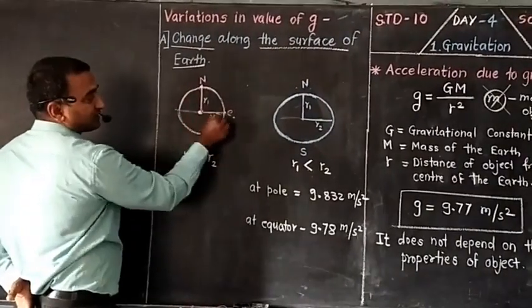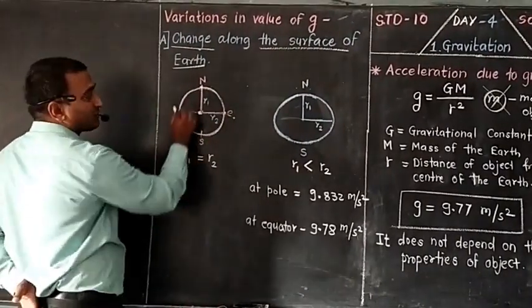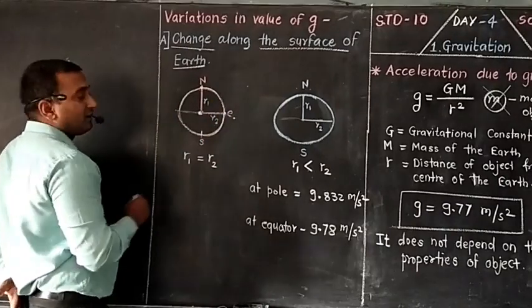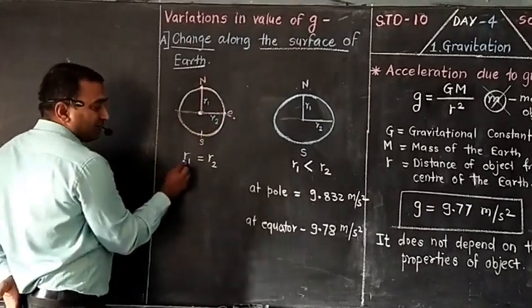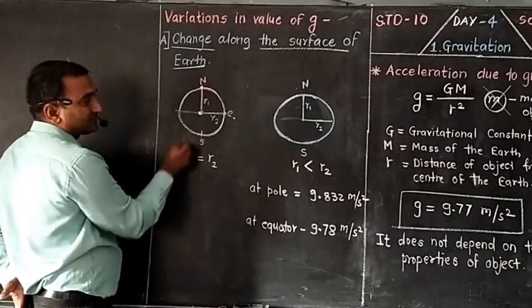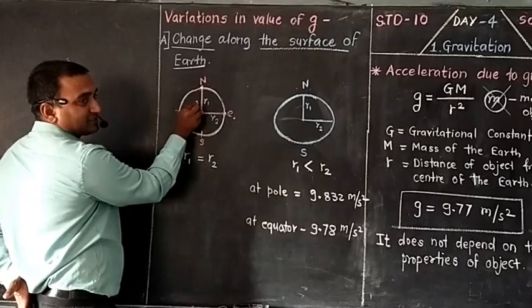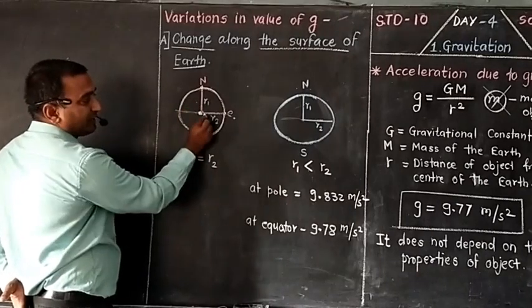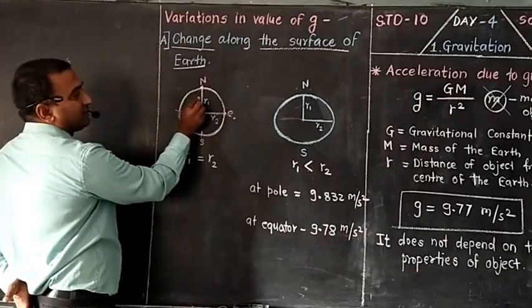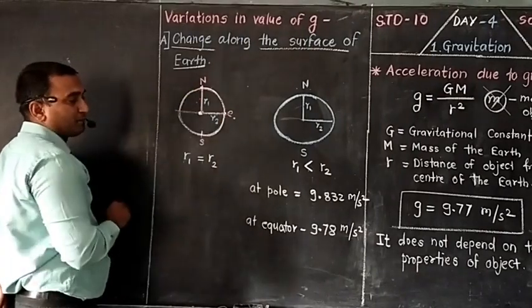So both the radii are the same. Why? Because we have considered earth is spherical, and in this case R1 is equal to R2. That means radius at equator is equal to radius at pole, any pole. This one is the radius at equator, this one is the radius at any one pole.